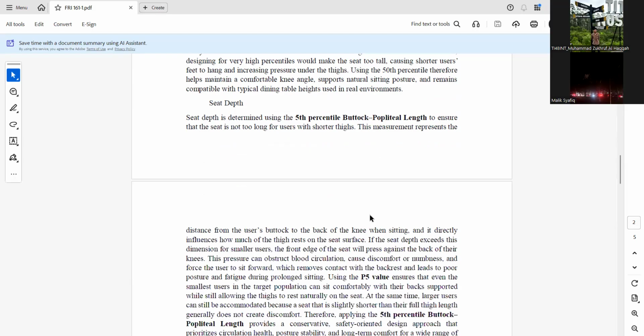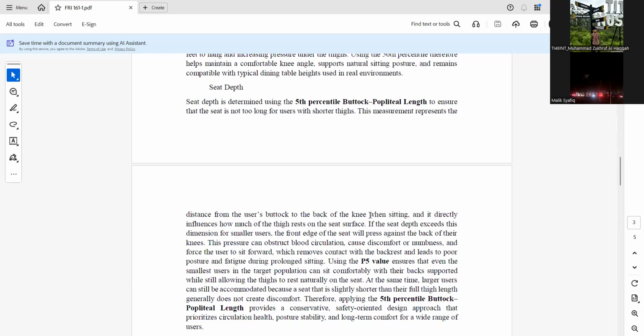And next is the seat depth. We use the fifth percentile here because we want to make sure that the seat is not too long for users with a shorter thigh. Users with longer thighs will usually not feel discomfort if the seat depth is shorter than their thigh.